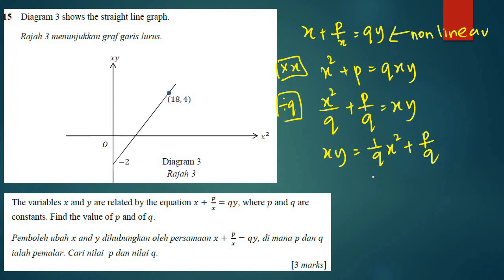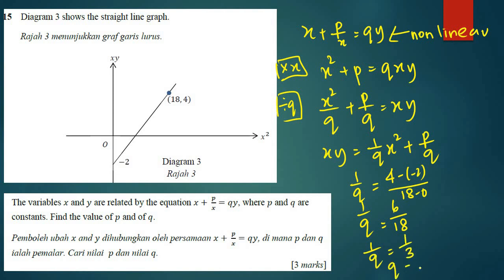Okay, so how to find q and p? We use 1 over q as the gradient, right? 1 over q is the gradient. So 4 minus negative 2, over 18 minus 0. 1 over q equals 6 over 18, so 1 over q equals 1 over 3. q is 3.